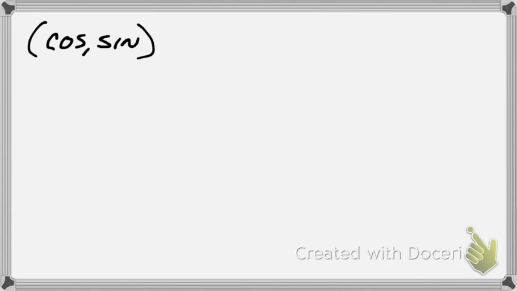Cosine is the x-coordinate. Sine is the y-coordinate. That's what that means. Tangent is the sine divided by the cosine. That's what TSC means over here on the wall.